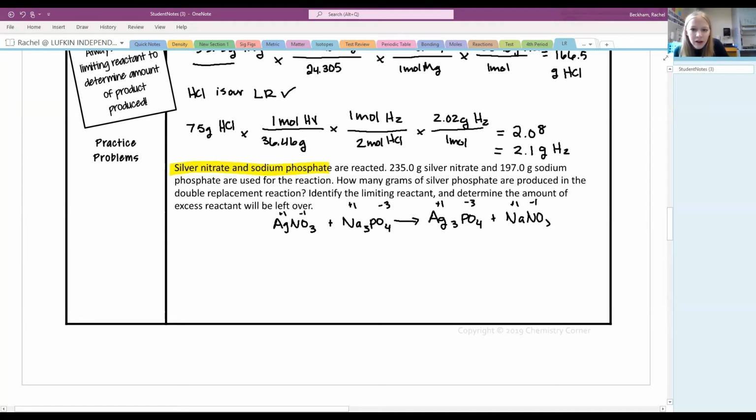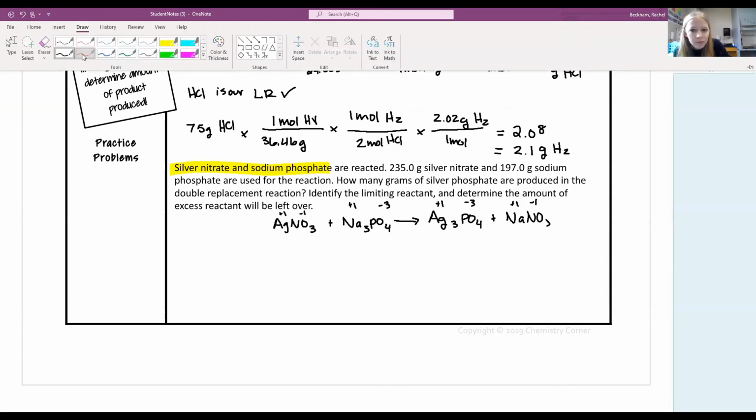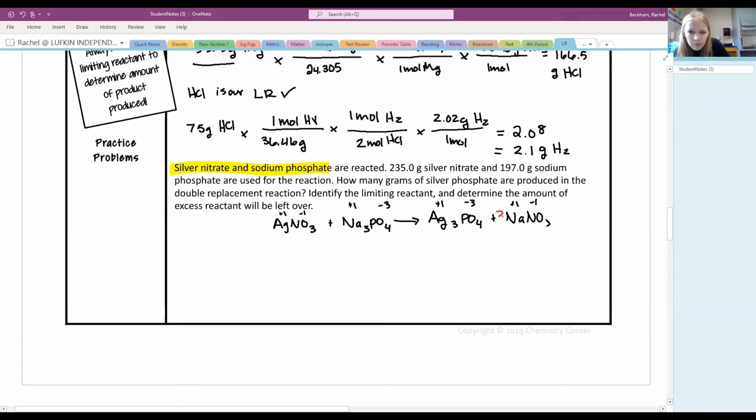That's why we got what we got. And now we're going to balance it, and I'll write this in red. And that should be balanced. That's an NO3 right there, but it got written badly. That is a 3. All right.